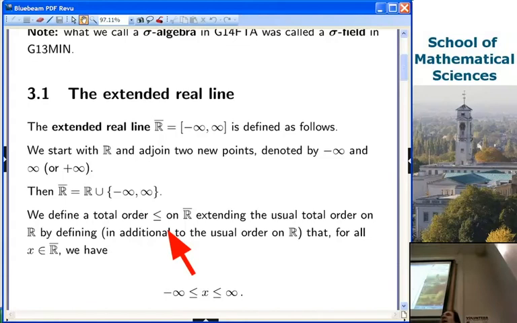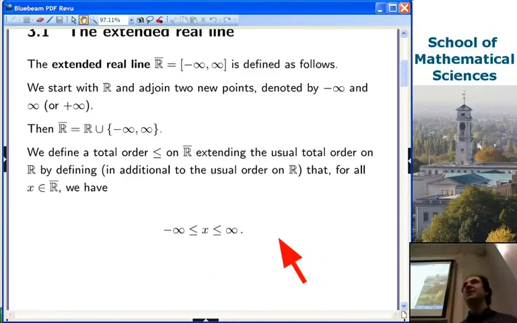So we already have a total order on the real line, the usual order. And we just want to extend that so that minus infinity and plus infinity are included as well. And that's obvious because just by the notation, we know what we wanted to do with them. We say minus infinity is at the left-hand end, plus infinity is at the right-hand end, and the real numbers live in between. So we simply make the obvious definition in order to extend less than or equal.